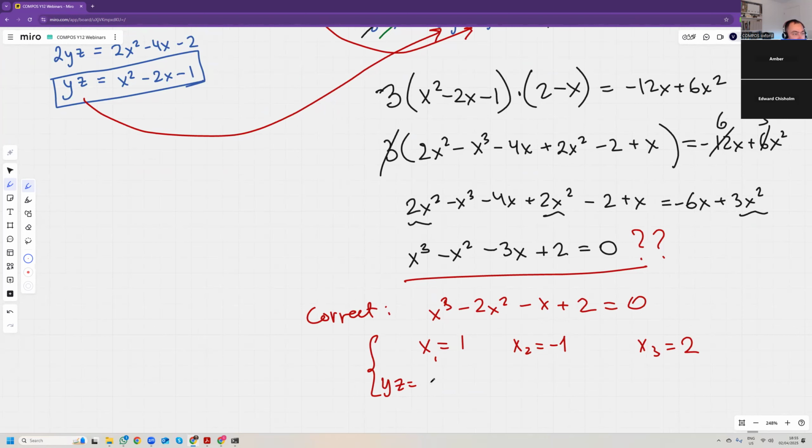So 1 minus 2 minus 1, so that's minus 2. For x equals minus 1, it's 1 plus 2, so 3 minus 1 is 2, yz is 2. And for x equals 2, 4 minus 4, that's 0, minus 1, so minus 1.